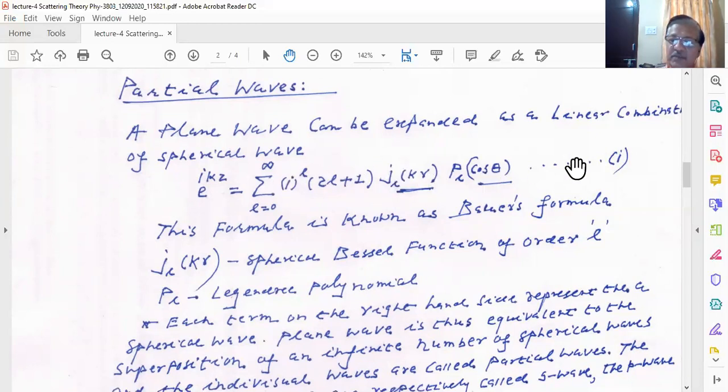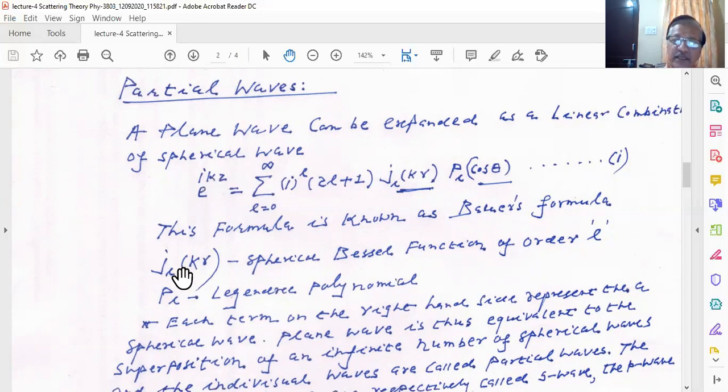So this equation number 1, which we established in the previous lecture, is known as Bauer's formula. We will use this formula for many numerical problems in scattering theory, so please remember this expression. This is Bauer's expression, the plane wave expressed as a linear combination of an infinite number of spherical waves.